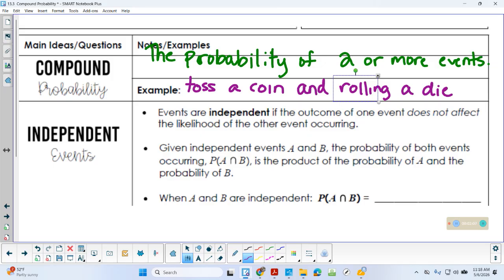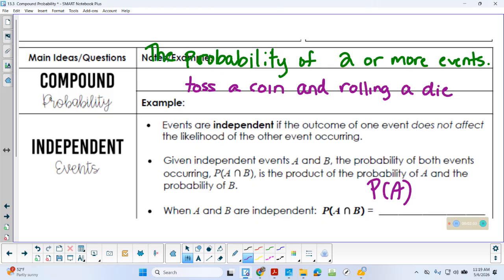So independent events: the outcome of one event does not affect the other one occurring. Tossing a coin has no bearing on rolling a die. Those are completely separate events. They are not related. We will talk about if they're related on the backside. When A and B are independent, the probability is super easy. You just do the probability of your first event.